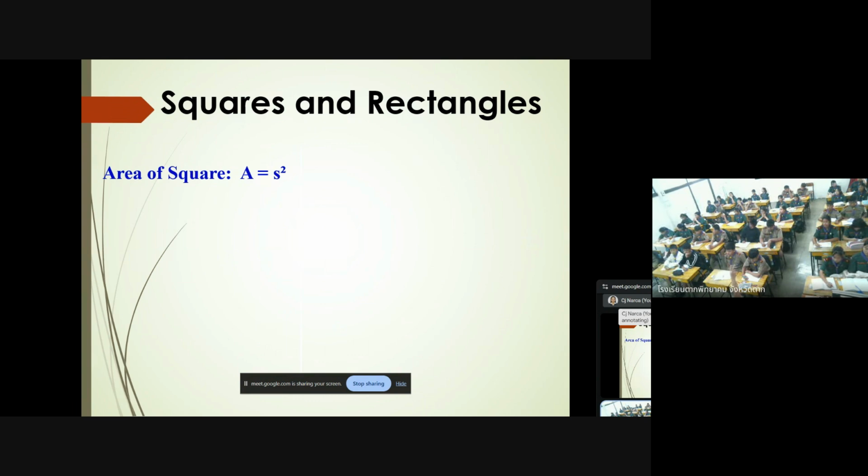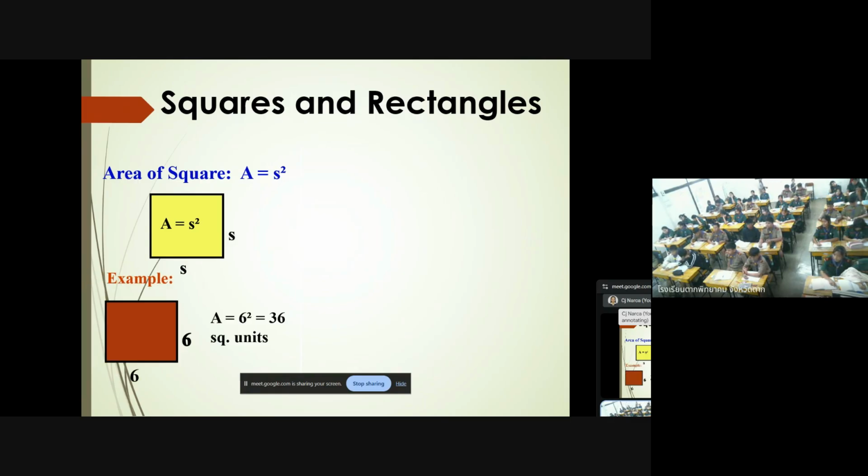If we have 2, 2, 2, and 2, or 4, 4, 4, and 4. To get the area of square, we just have side squared. For example, 6 squared, the answer is 36.